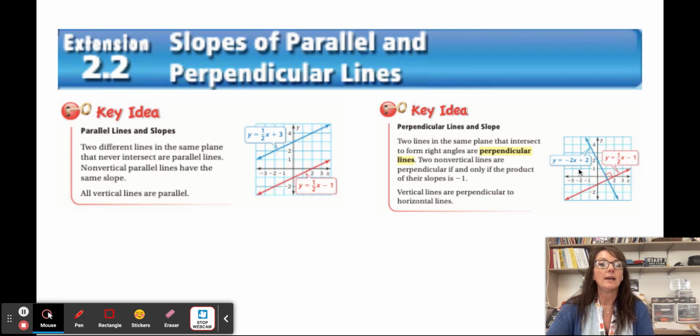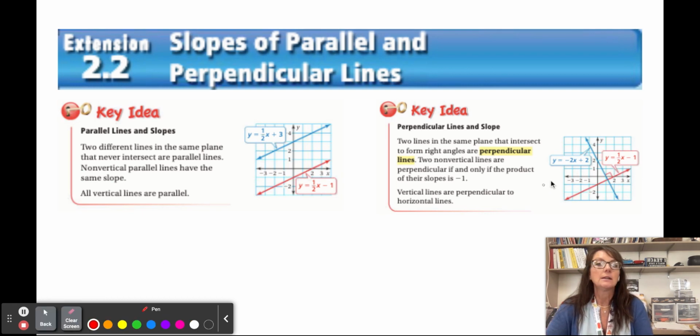What I mean by that, if you can see here, the slope of the blue line is equal to -2. The slope of the red line is a positive 1/2. So blue is a negative, red is a positive. This is -2/1. This is positive 1/2.